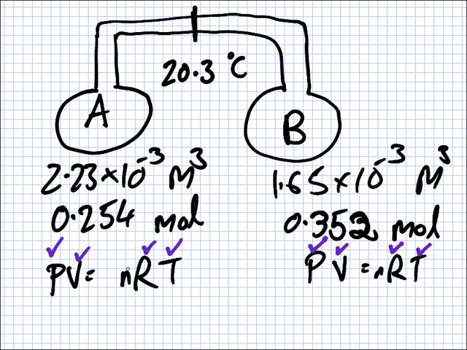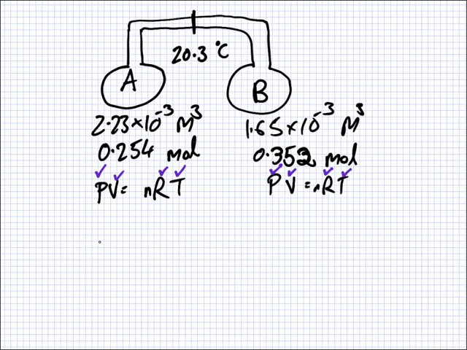So I'm thinking what we can do, if I rewrite this equation, I can say the pressure in A is nRT over V, and the pressure in B is nRT over V, and they must be equal. The pressure must be equalized.